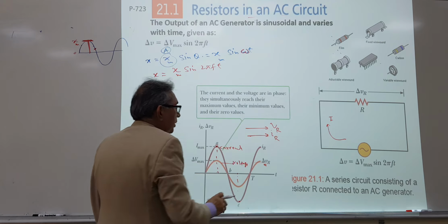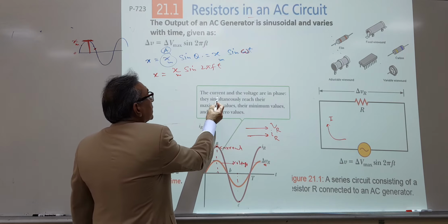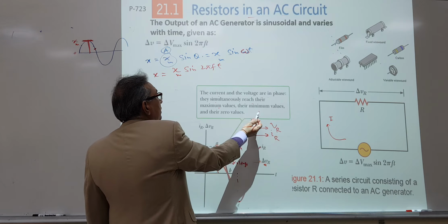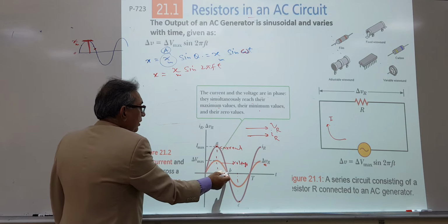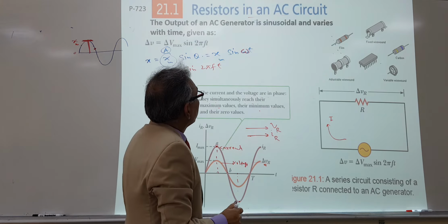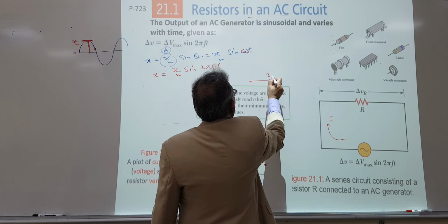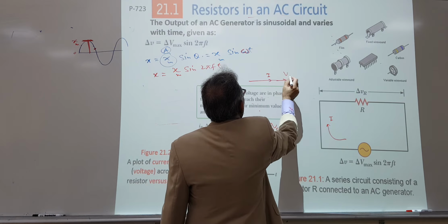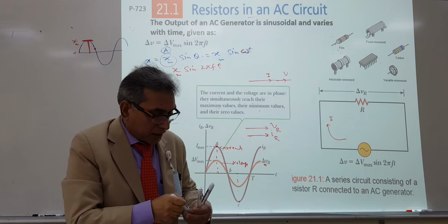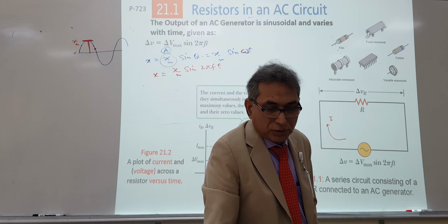Phase angle is 0. They reach their maximum values, minimum values, even the zero value, at the same time. You can write here voltage, current, they are in phase. Keep this in mind, because the behavior of capacitor and inductor will be changing.